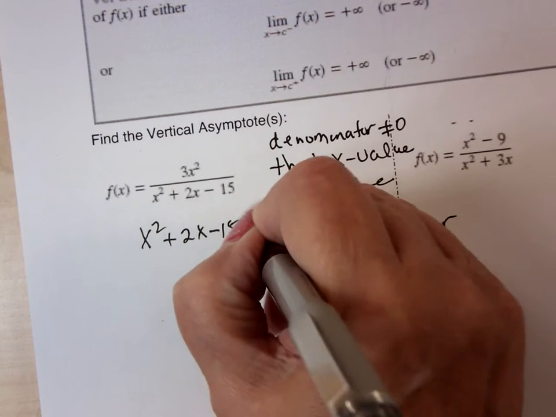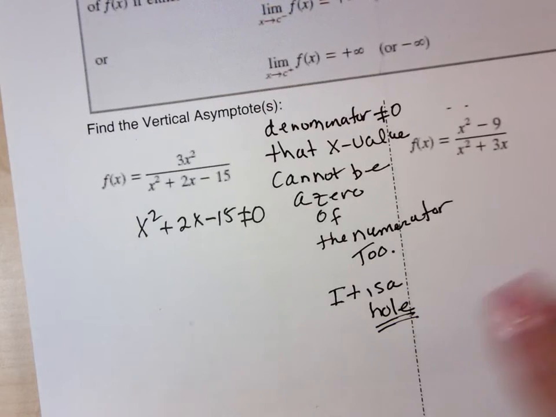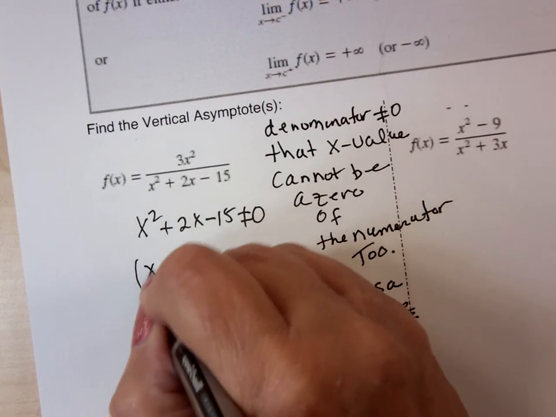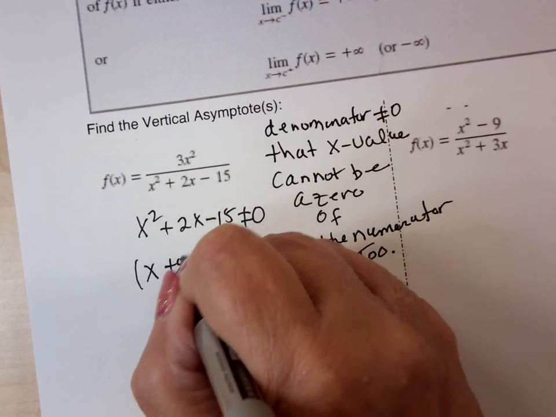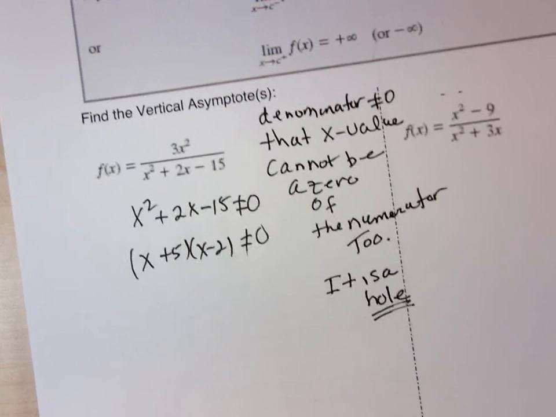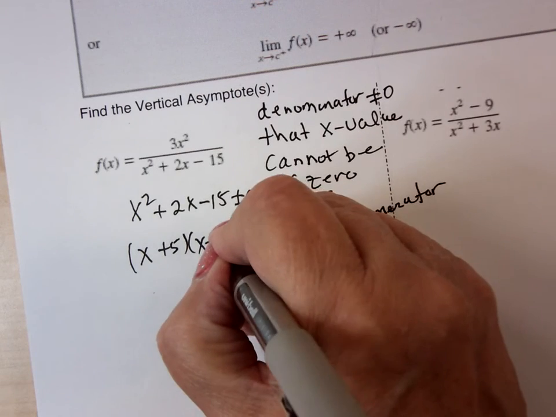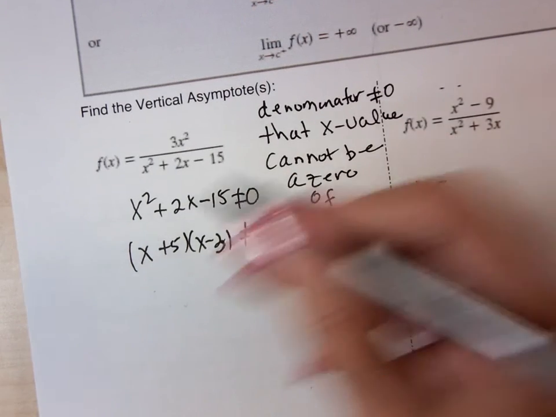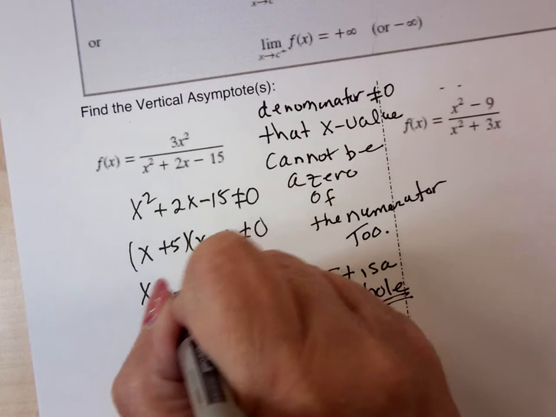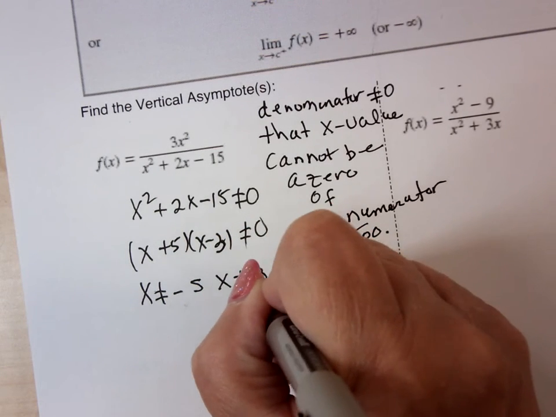It can't be 0. That's going to be your domain restriction as well. And so this is x plus 5, x minus 3 can't be 0. Correct. That's how I got the 2 in the middle. Or x can't be negative 5, x can't be positive 3.